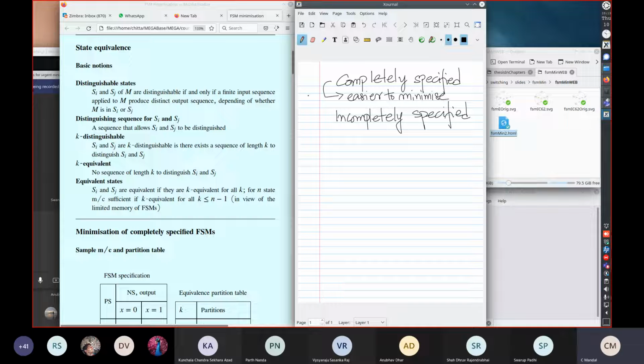All right. So let us look at distinguishable states.